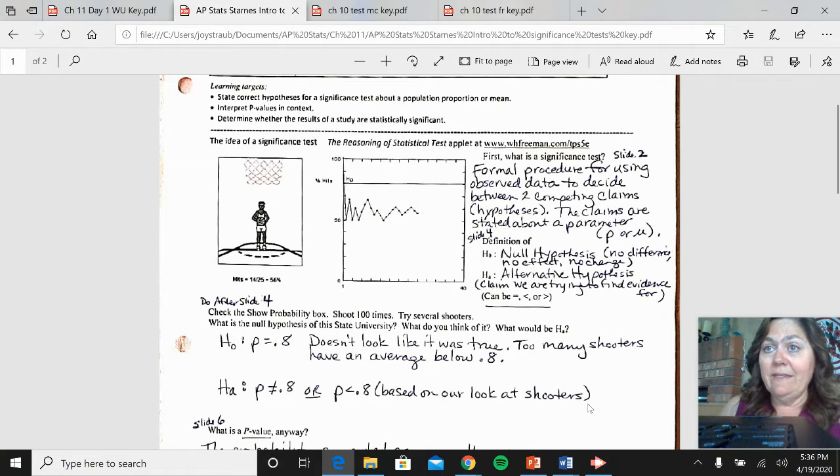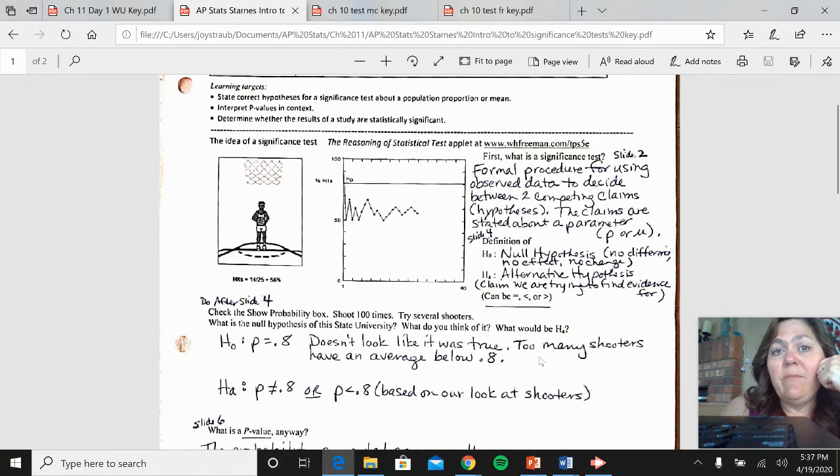More of them made less than 0.8 than made 0.8 or higher. It didn't look like it was true based on my samples. Maybe you have a different setup. Too many shooters had an average proportion way lower than 0.8. So that's kind of what we're looking at here.